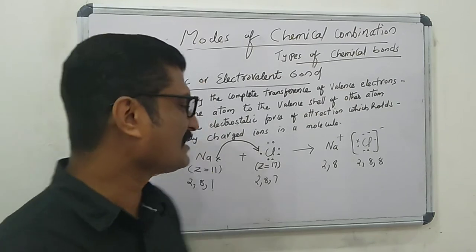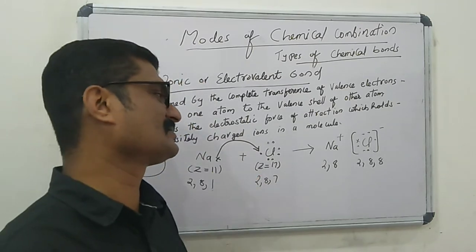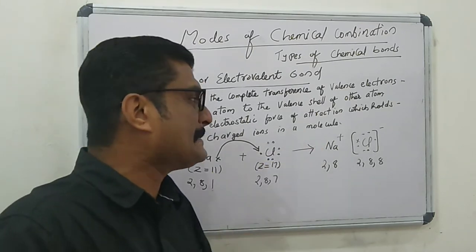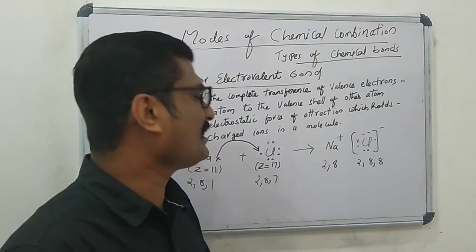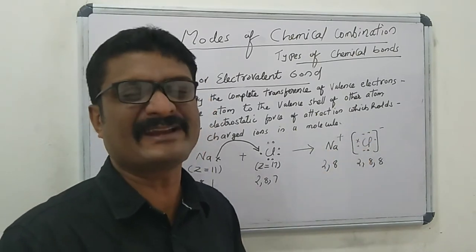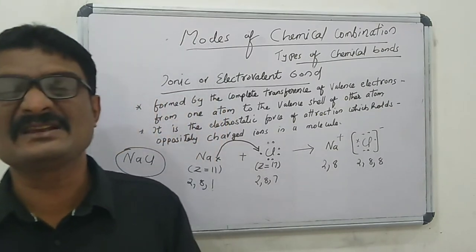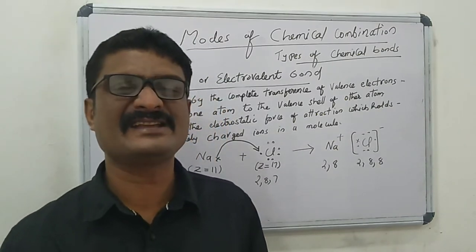This electrostatic force operates between the positively charged sodium ion, Na plus, and the negatively charged chlorine ion, Cl minus.